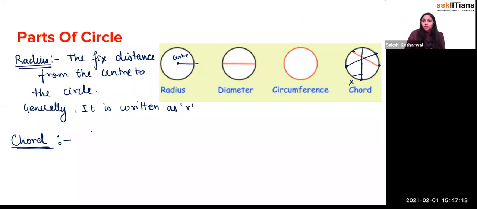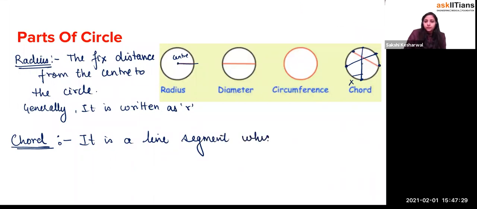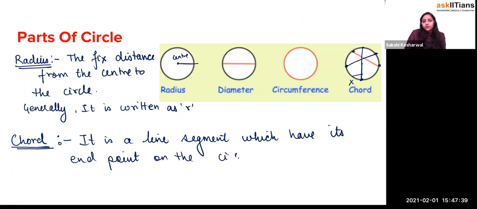So basically a chord is a line segment. It's not a line, it's not a ray, it's a line segment. Be clear in your head: a chord is a line segment which has its end points on the circumference of the circle.